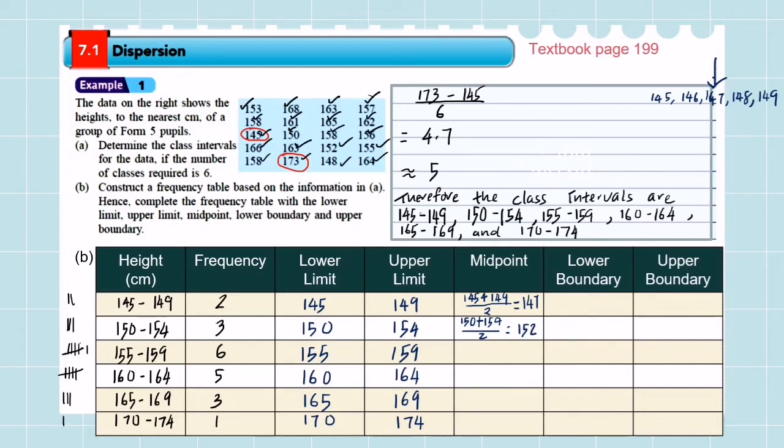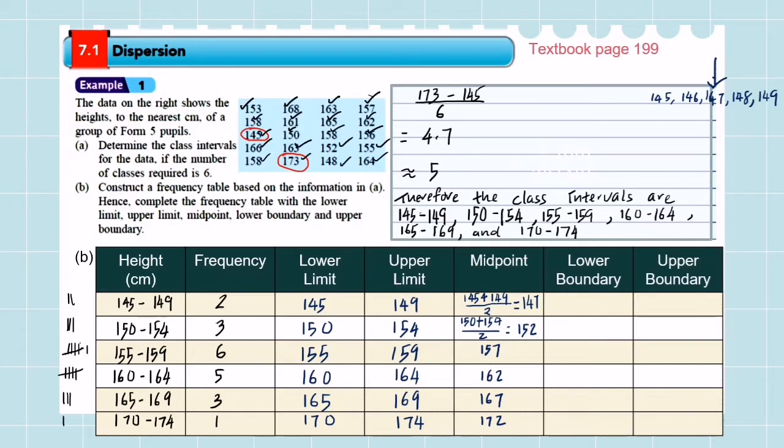If you know the pattern already, actually you can straight away write here 157, followed by 162. Here is 167 and 172.